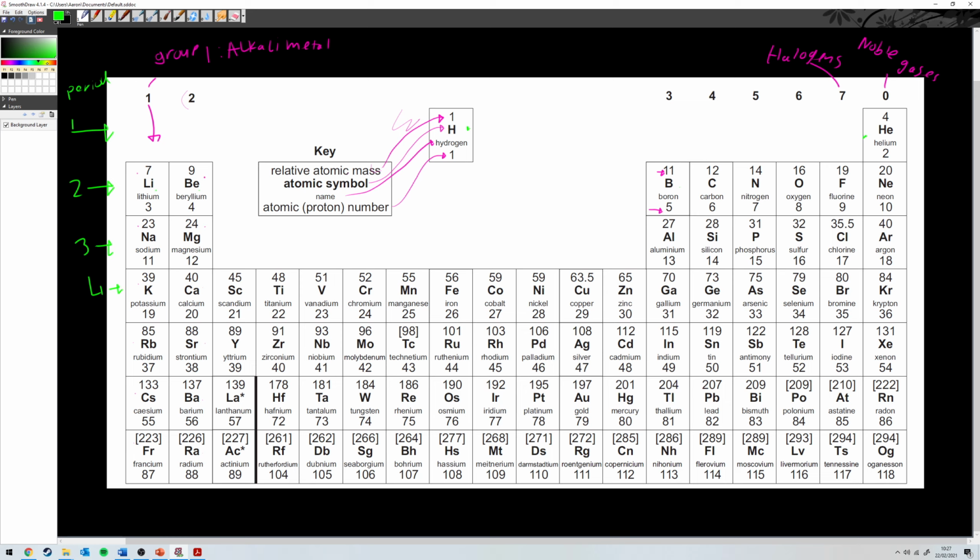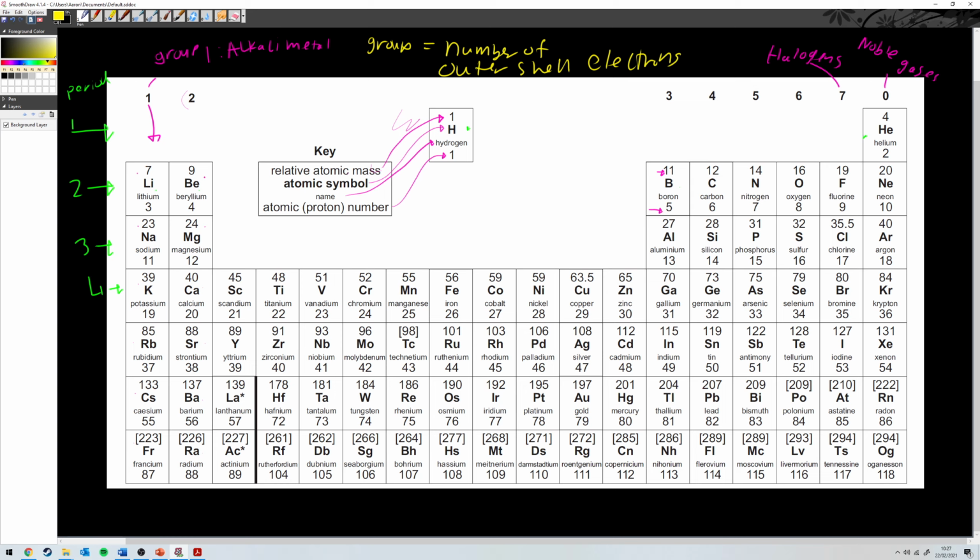But what does that actually mean? The group number equals the number of outer shell electrons.